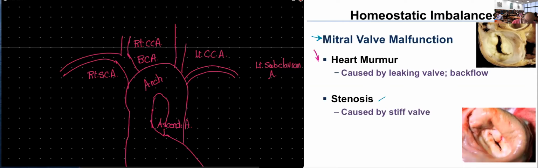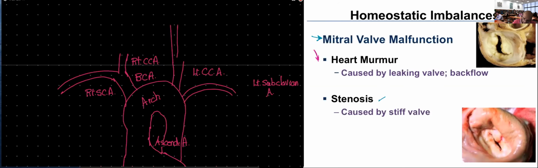Remember, each common carotid gives rise to a branch that travels inside the skull, supplies the brain, and a branch that will be traveling outside of the skull to supply the face and scalp. The ones traveling inside, those are my internal carotid arteries. Compared to the ones outside, those are my external carotid arteries.